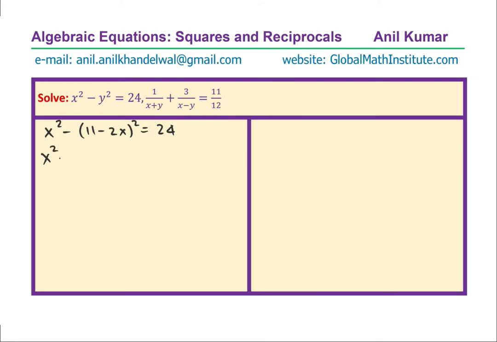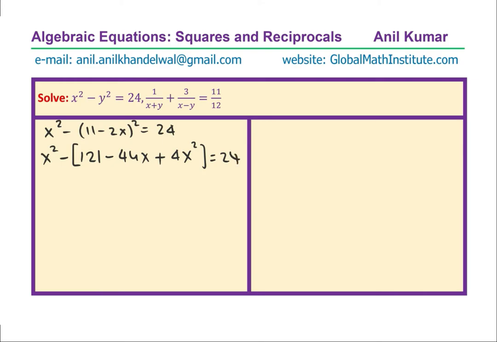We get x squared minus [11 squared, 121, minus 2ab, so 44x, plus 2x squared, which is 4x squared], equals 24.